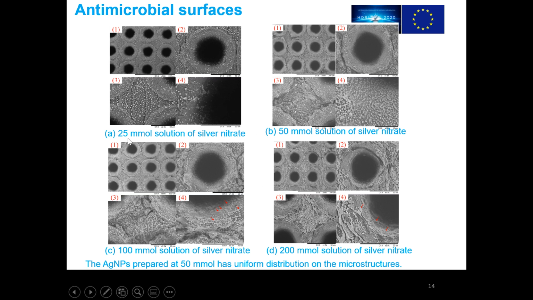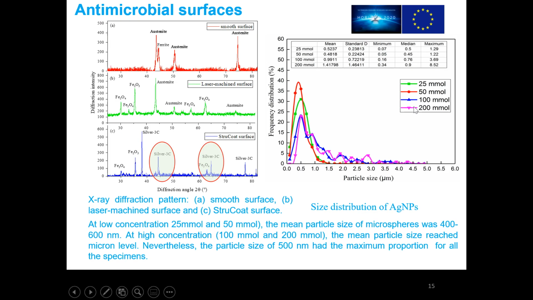And then we used different concentrations of silver nitrate and found that 15 micromole solution of silver nitrate is the best condition, and the silver nanoparticles showed very good quality. And XRD proved that there are silver nanoparticles on the structure coated surface, and on the laser machined surface and smooth surface there is no silver. And we counted the diameter of the particles and found that the size is around 500 nanometers.